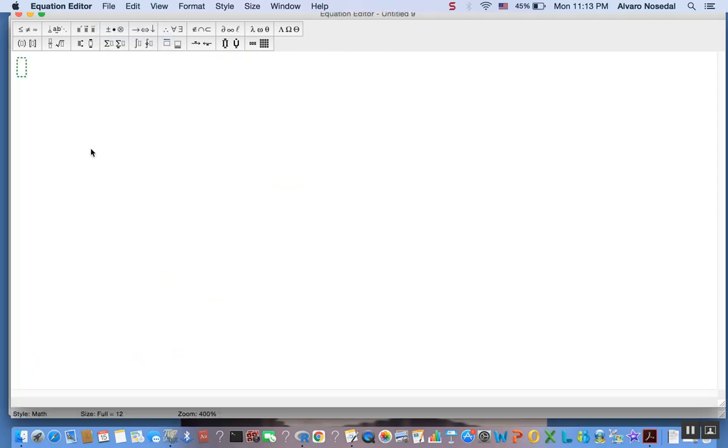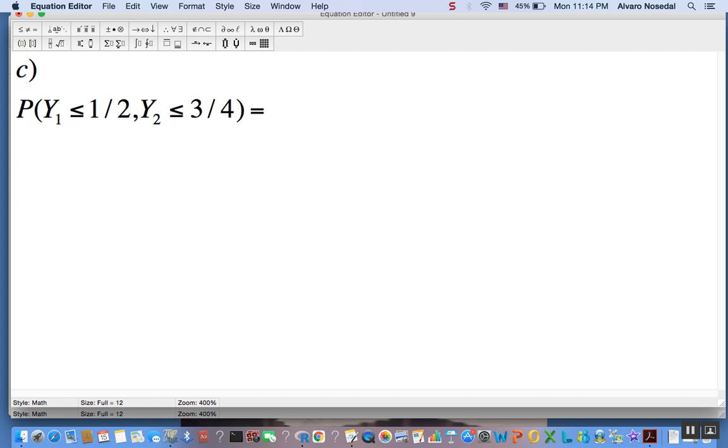Let me open a new page here. What we want is the probability that the random variable y1 is less than or equal to 1/2, and that the random variable y2 is less than or equal to 3/4.